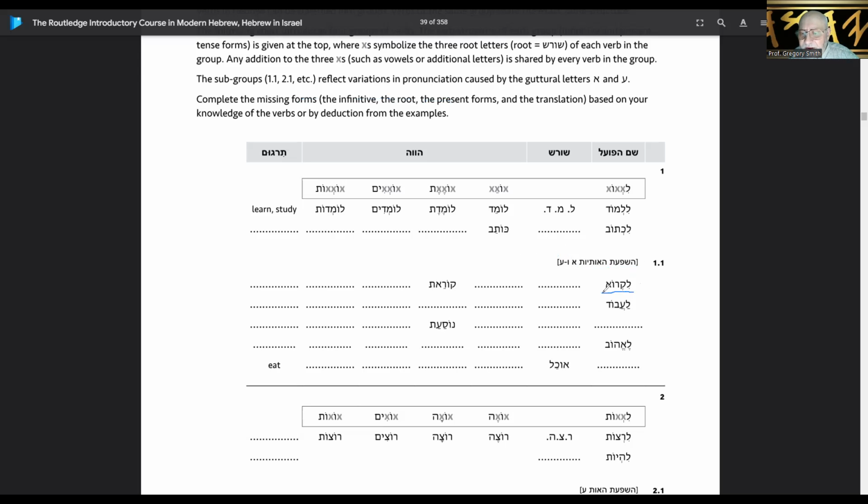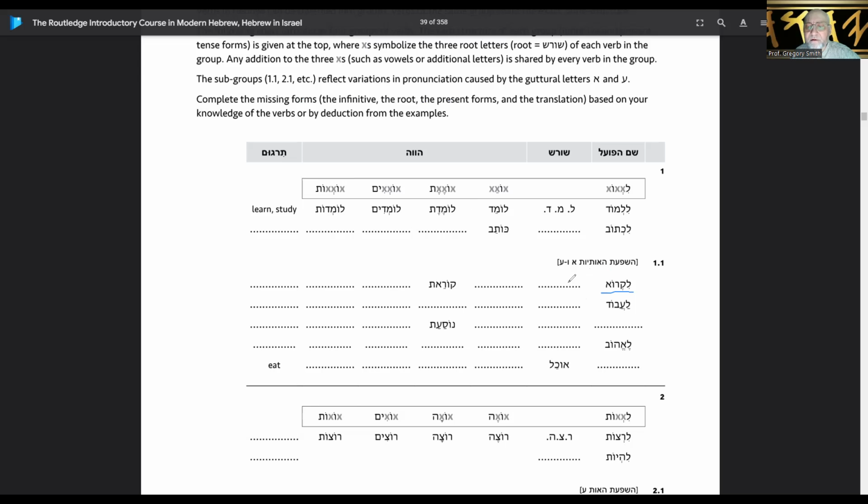Okay, so we've got likro. I think that comes from kara, which might be to see. Likro, to read. Yeah, likro, to read. That's right. It comes from call, but it's like to read.